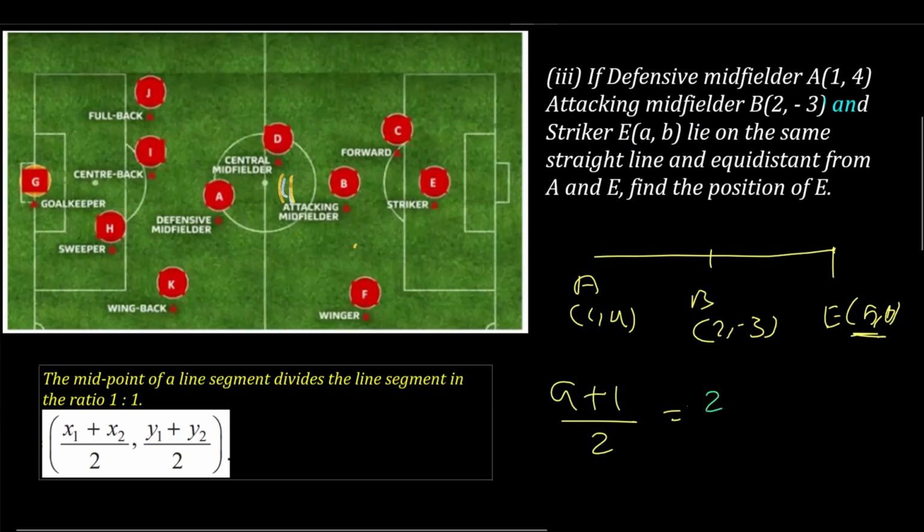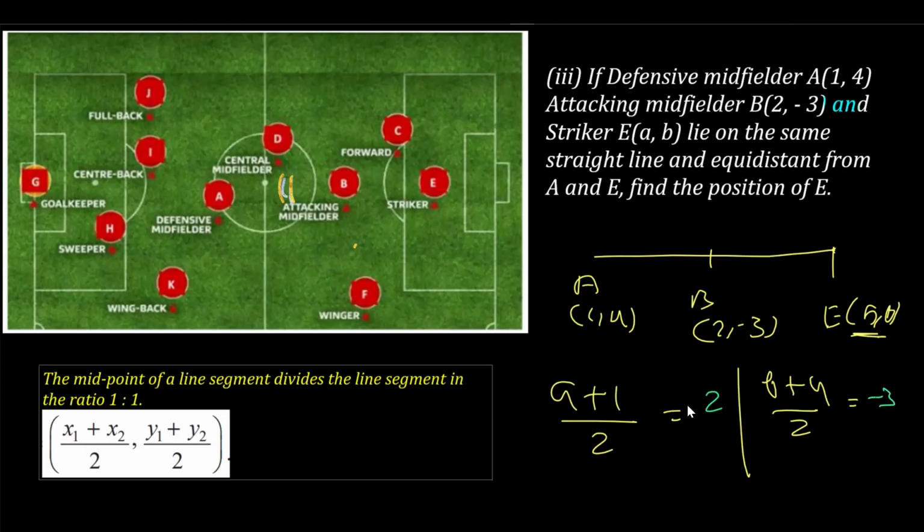And likewise, (4 plus y2) over 2 is equal to the midpoint of this line, that is -3.